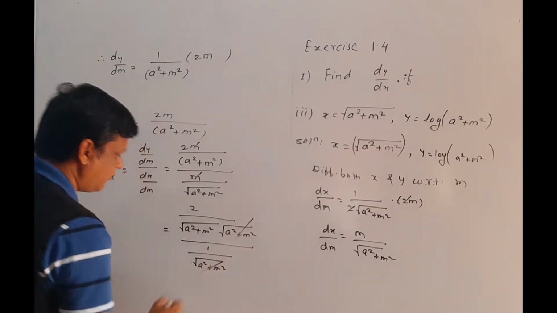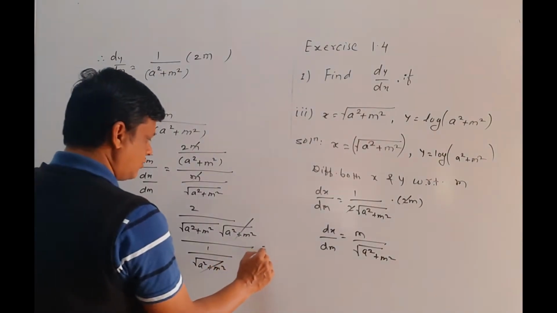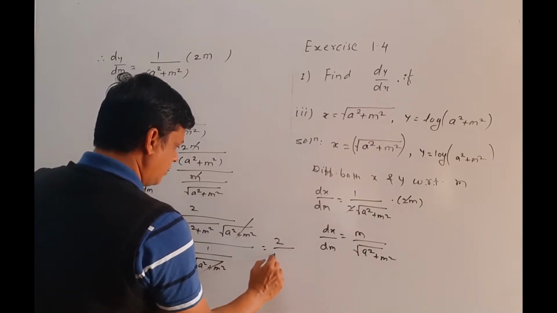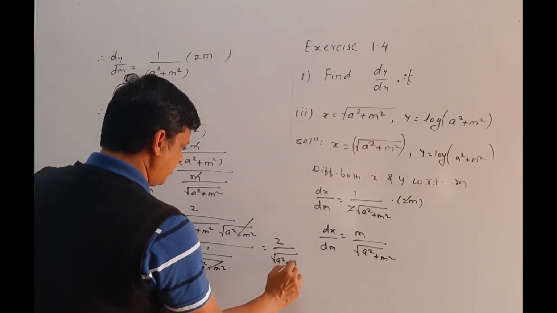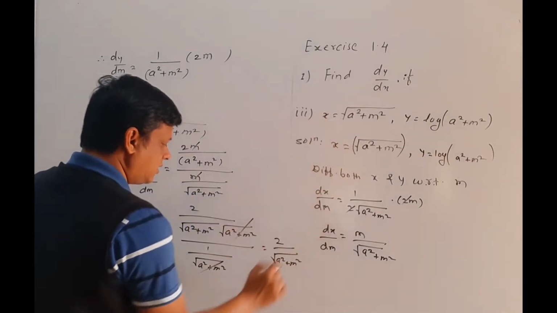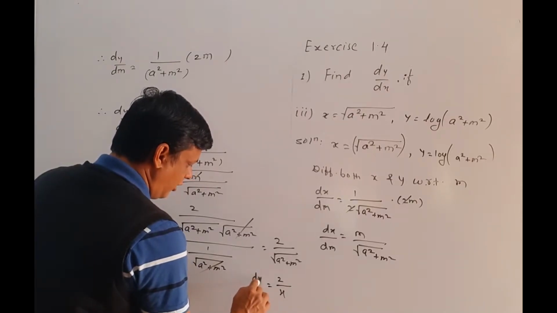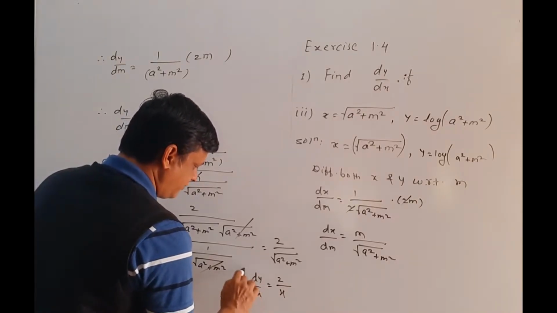So one root a square plus m square gets cancelled, and we get 2 upon root a square plus m square. Now the value of root a square plus m square is x, so we write here 2 upon x as the value of dy by dx.